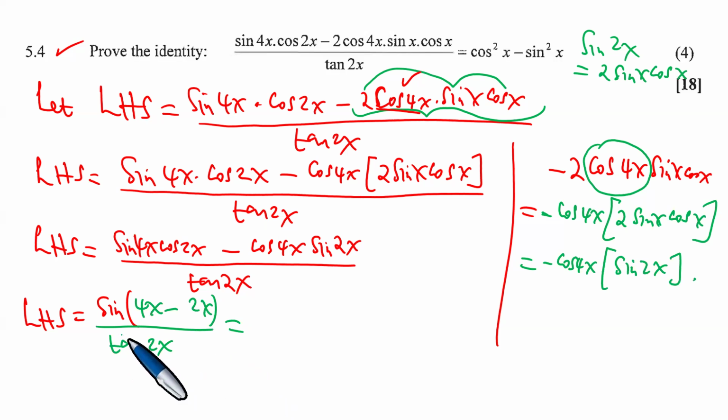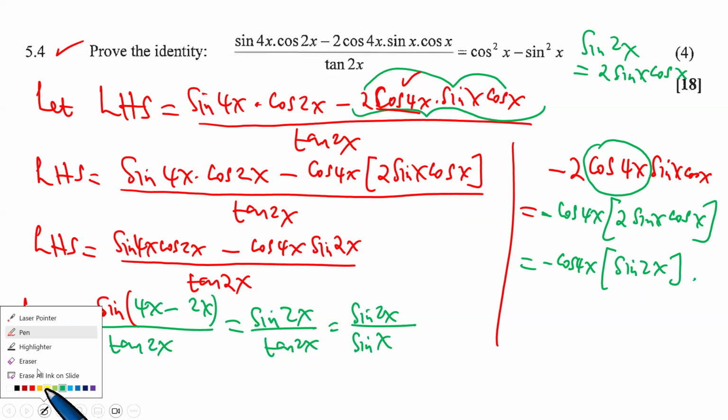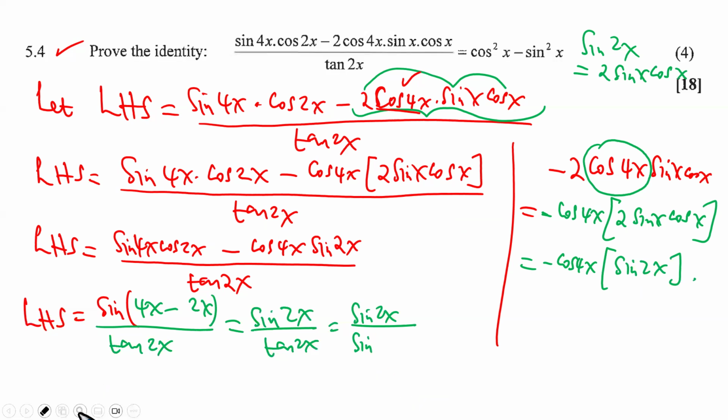And now what is 4x minus 2x? It is sine 2x over tangent of 2x. The tangent is the same as sine 2x over cosine 2x for the denominator.